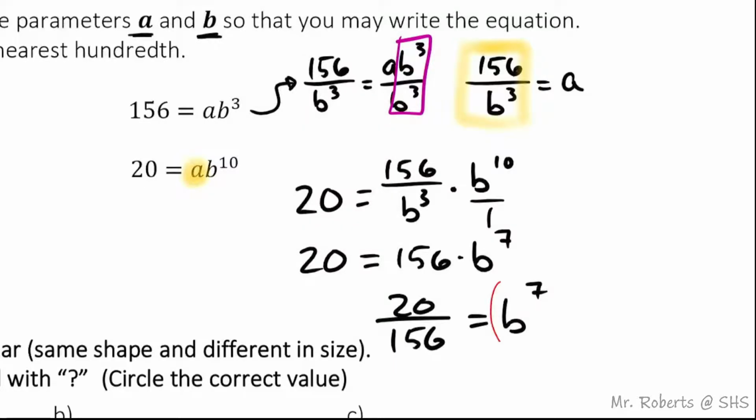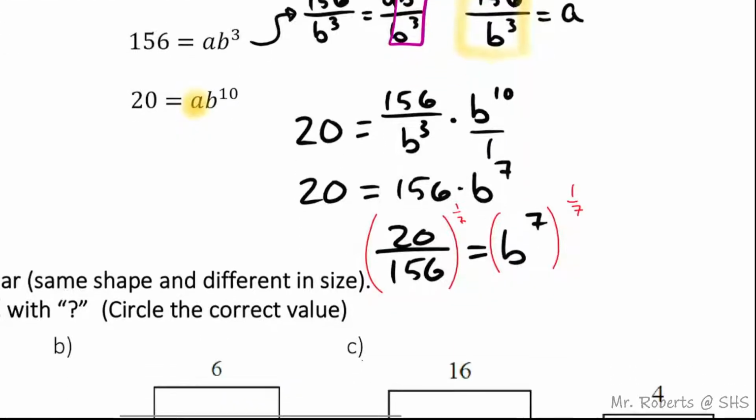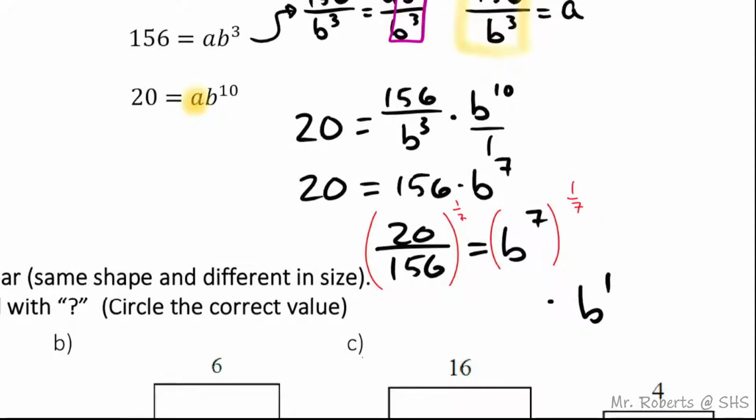If you raise both sides of this to the 1/7 power, you're going to get b to the first. Because over on that right-hand side, when I have b to the 7th to the 1/7, that ends up just becoming b to the first power. So over here I've got b to the first.